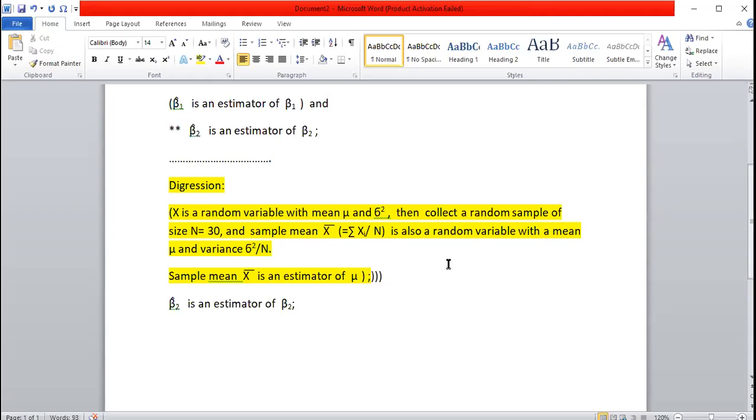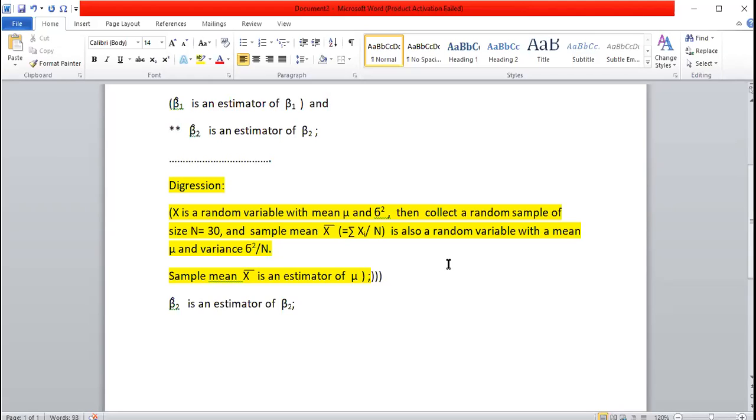Yeah, there are some criteria for a good estimator, and we will discuss those criteria later on as we go. So for now, we want to make sure beta 2 hat is a good estimator of beta 2. Good, quote unquote. What do you mean by good? We'll discuss later.